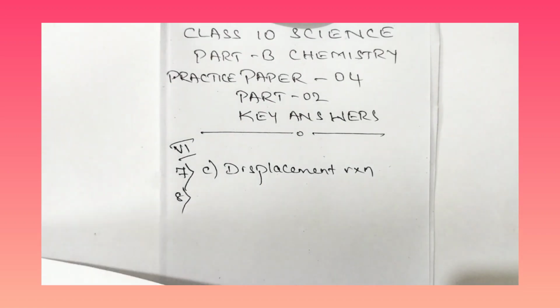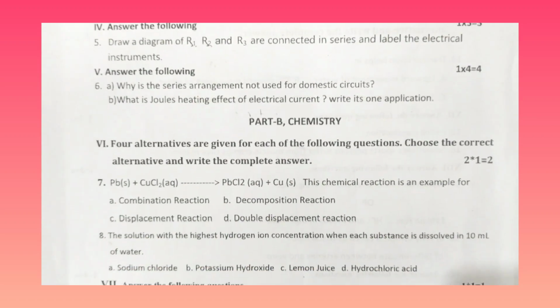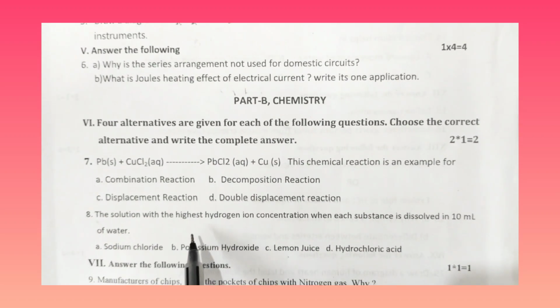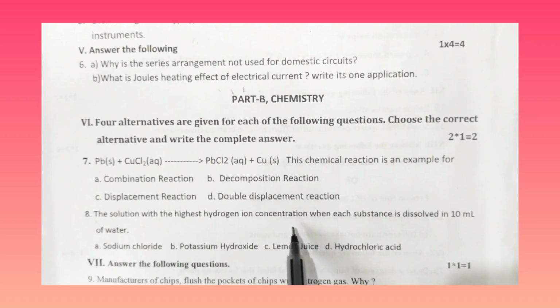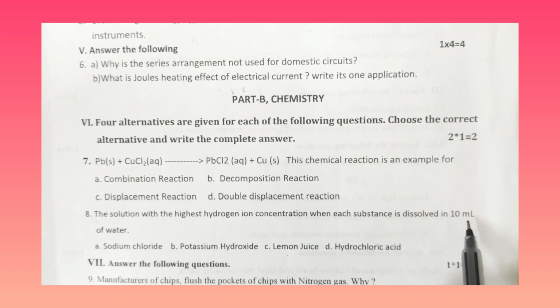So now let us move to the 8th question. The solution with the highest hydrogen ion concentration when each substance is dissolved in 10 ml of water: sodium chloride, potassium hydroxide, lemon juice and hydrochloric acid. Among these four, which solution will have the highest hydrogen ion concentration?